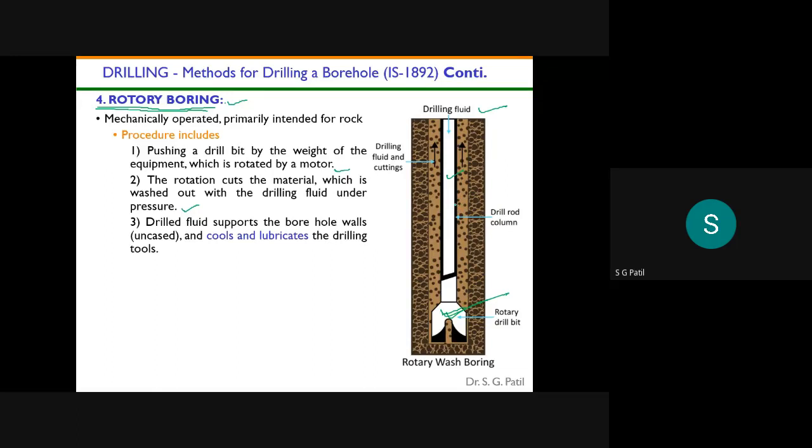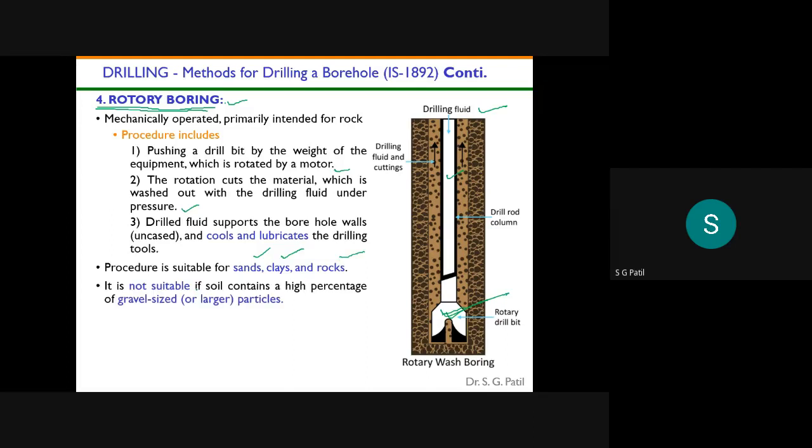And it will also act as cooling, because if your drill bit is rotating continuously, it will be heated up. So to cool it down and act like a lubricant, this water or drilling fluid will be injected inside these drill rods.